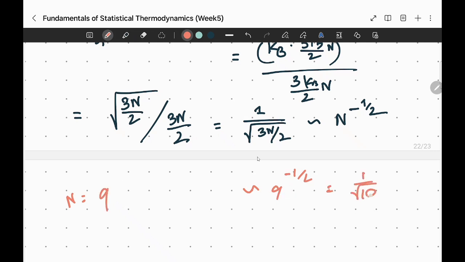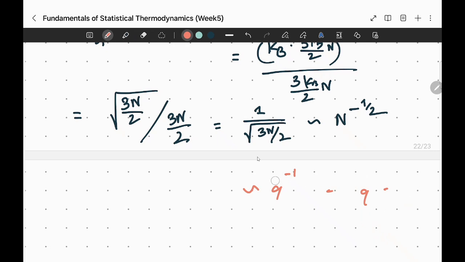So it will be 1 by 3, so it is 0.33. And let's say your average value is 2, then it matters, right? But if it is 10 to the power 23 for 1 mole of gas, then obviously you can think it is negligible.